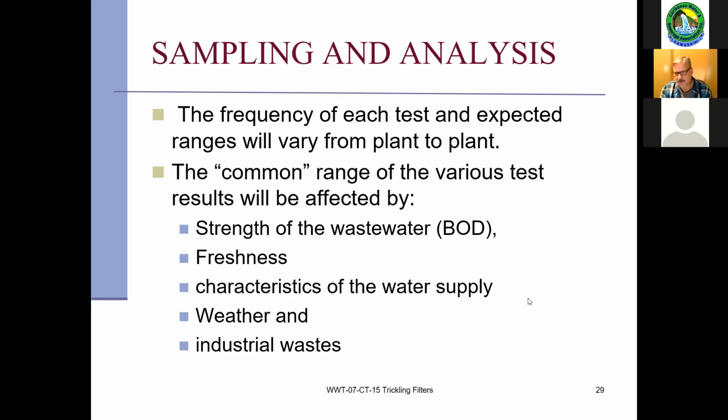So the question is, how is the filter operated during the winter time? Typically in colder weather climates, they will be covered. Not a cover that's sealed, but more of a suspended cover or a roof over the tank. They're operated exactly the same, but that way you're keeping the snow, rain, and everything out of that filter.